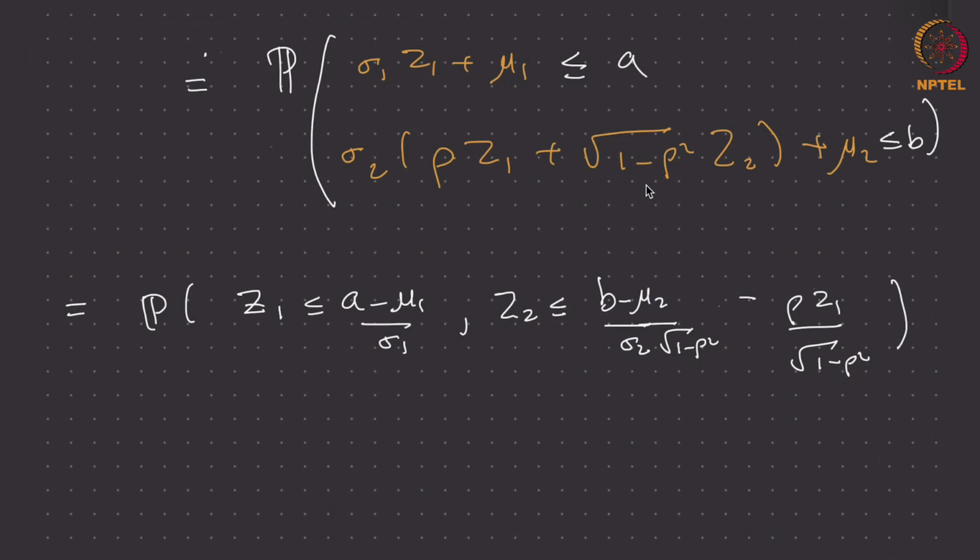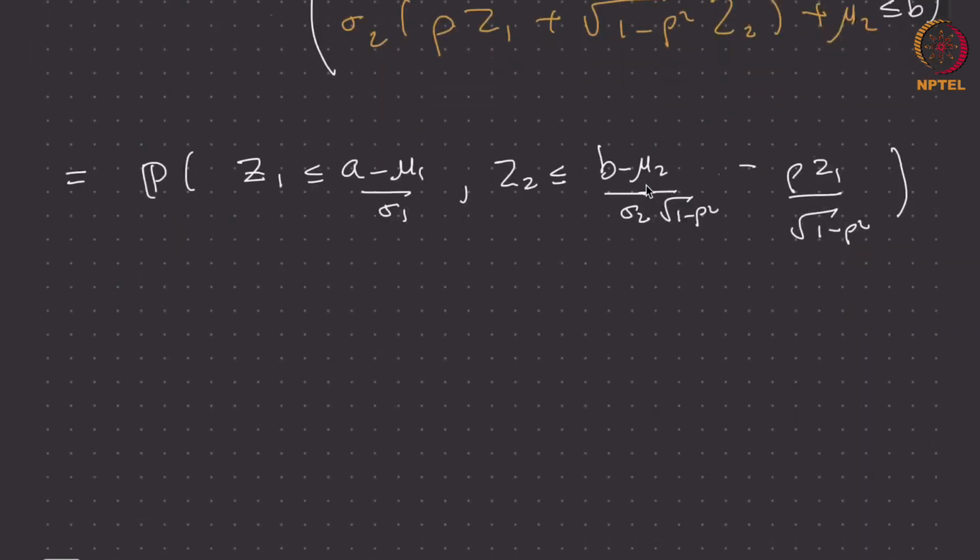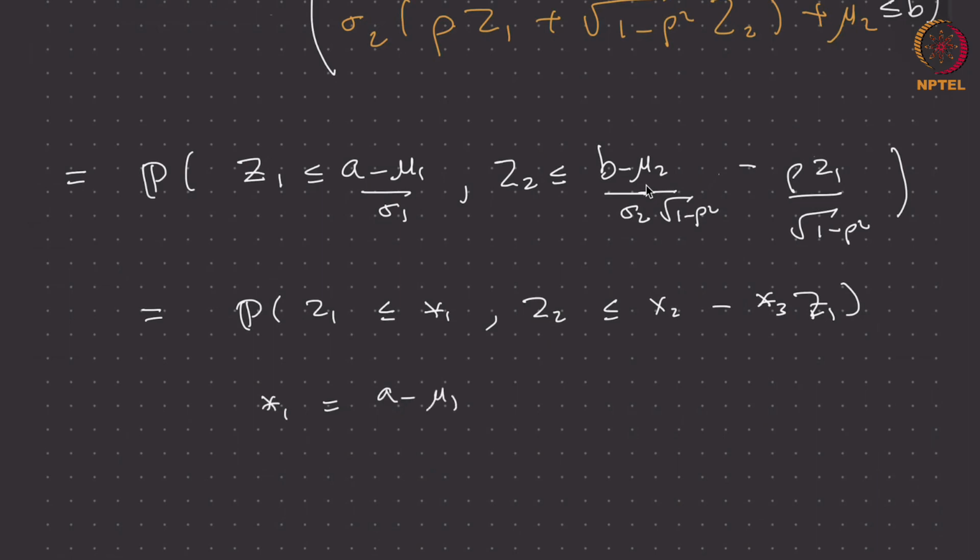In claim 1, I have the same as saying the probability that z1 is less than or equal to star 1, z2 is less than or equal to star 2 minus star 3 times z1, and star 1 is equal to a minus mu1 by sigma 1, star 2 is equal to b minus mu2 by sigma 2 times 1 minus rho squared, and star 3 is rho by 1 minus rho squared. And that's what the key step was.